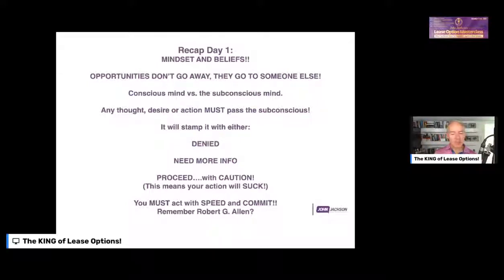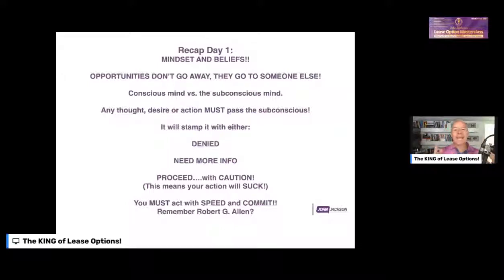The subconscious mind is there to protect you, and it'll stamp any idea with denied: yeah, but, what if, only. And then you don't take action. And the most dangerous kind of action is the kind stamped with proceed, but with caution, because your action is going to suck, your results are going to suck. It all comes back to your conscious mind, and you go, see, there you go. I told you it wasn't going to work.